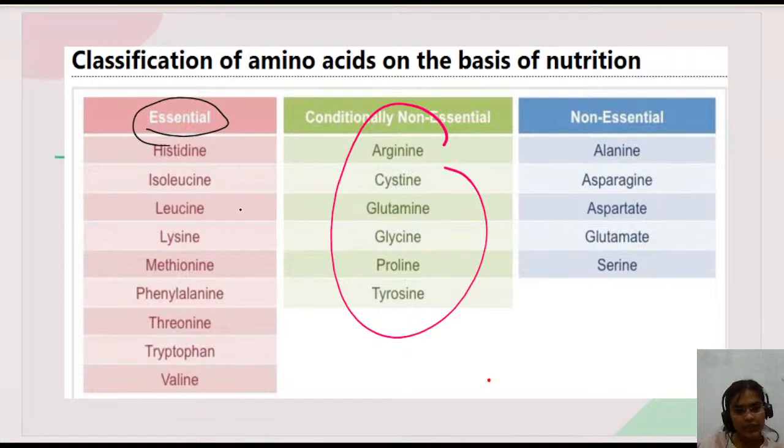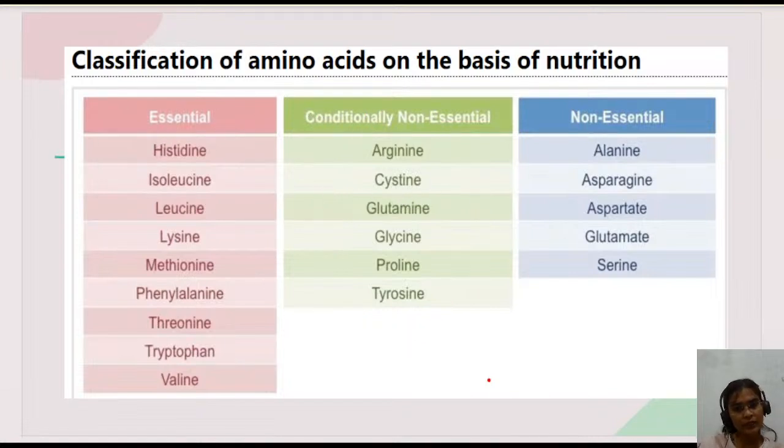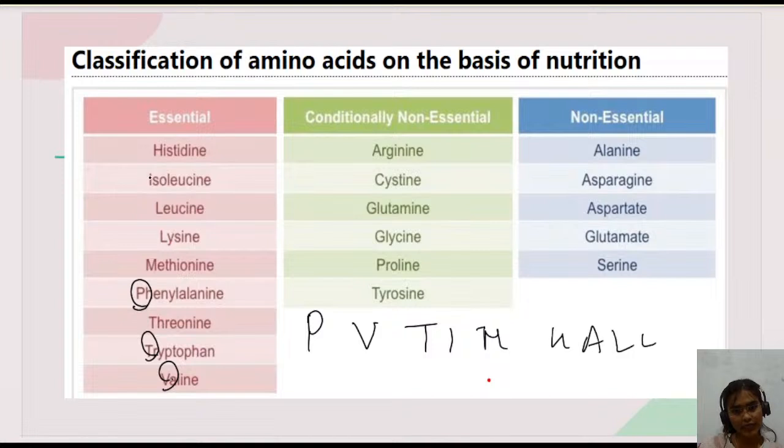How to remember this? You can remember it like this, the mnemonic PVT TIM HALL. P for phenylalanine, V for valine, T for tryptophan, I for isoleucine, and M for methionine, H for histidine.